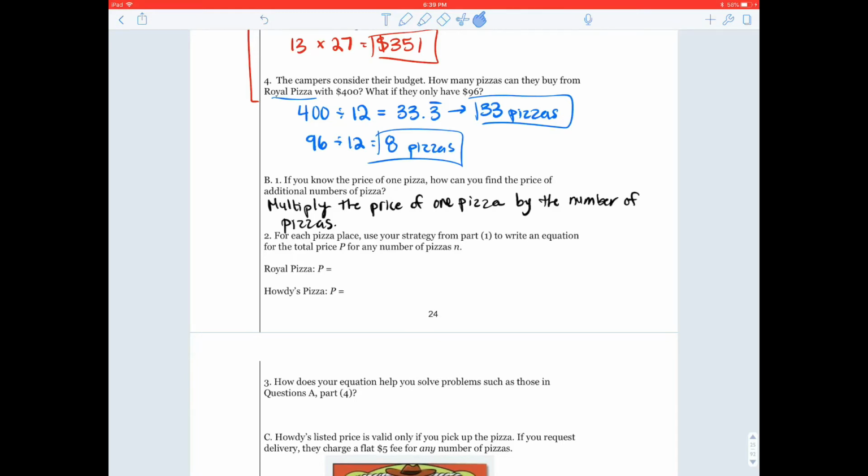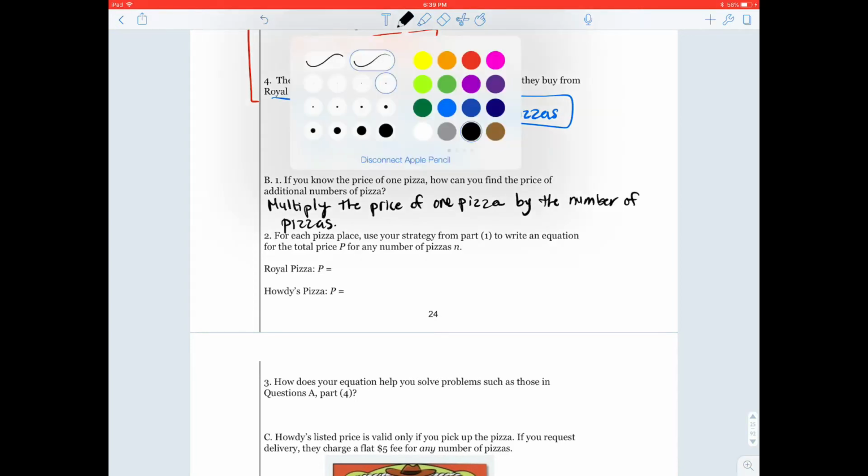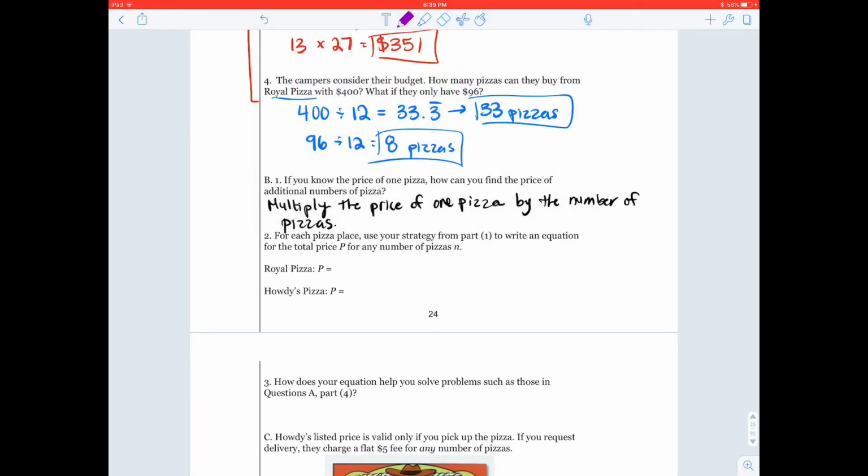So for example, number 2 says, for each pizza place, use your strategy from part 1 to write an equation for the total price P for any number of pizzas N. Okay, so the first thing we should emphasize is that P stands for the total price, and N is the number of pizzas.